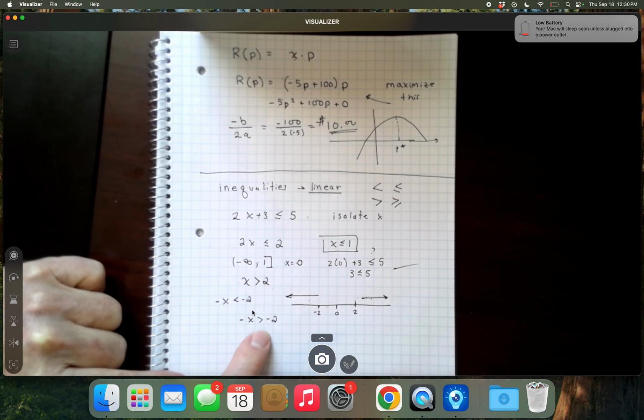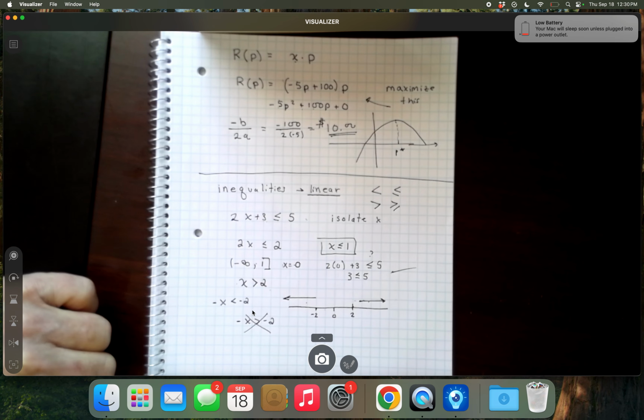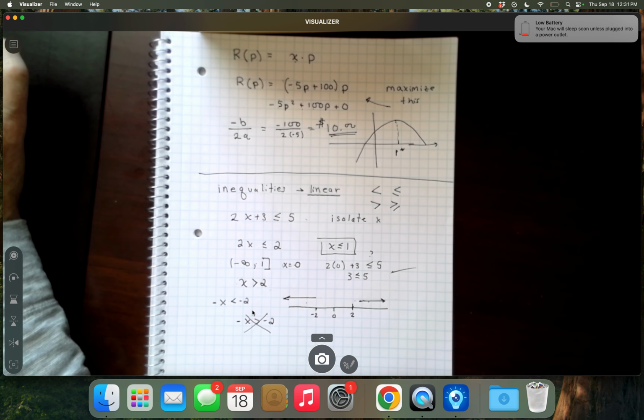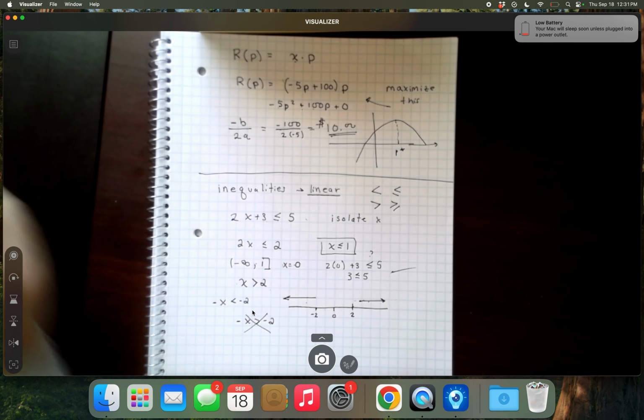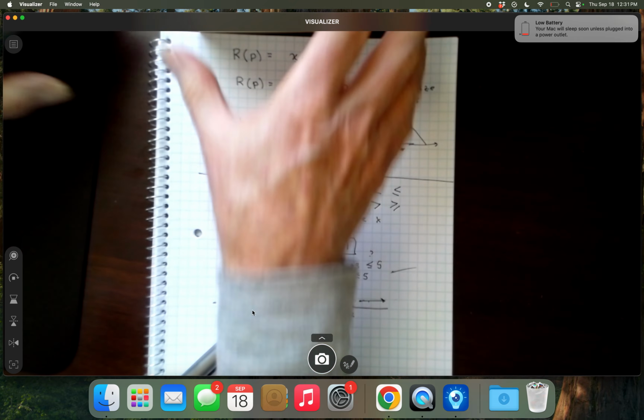That does not work. That is wrong. The opposite of x is now greater than negative 2. That is wrong. So what do we do? When solving inequalities and you have to multiply or divide by a negative number, you flip this symbol. You have to flip this symbol right here.